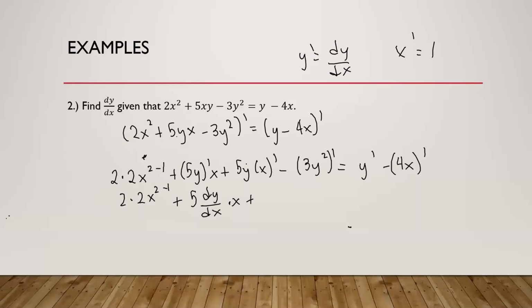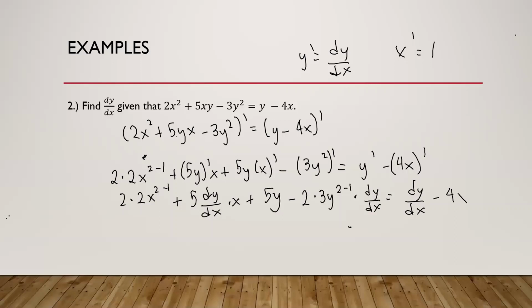Kaya 5y times 1 is 5y. Tapos dito naman po ay magiging 2 times 3 then y raised to the power of 2 minus 1 times dy over dx. Tapos dy over dx minus 4x. 4 lang siya.